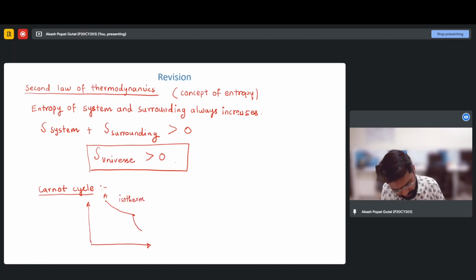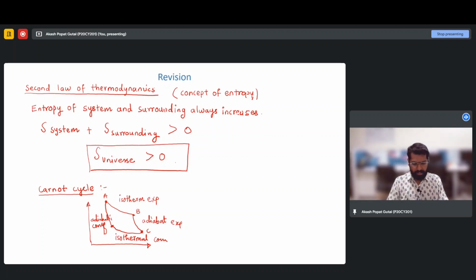The second process is adiabatic expansion. The third process is isothermal compression. And the fourth process is adiabatic compression. And the Carnot cycle is the most efficient cycle.